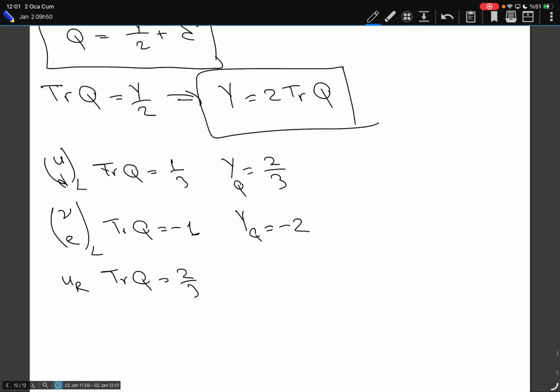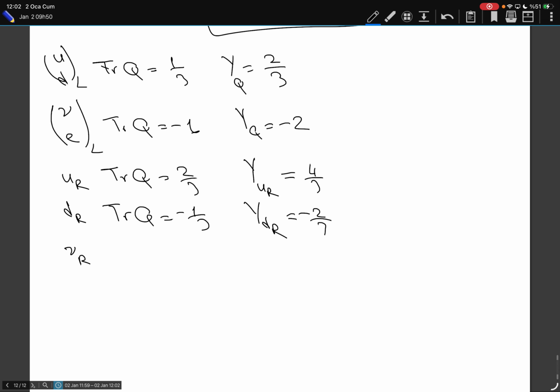There's just a single element. So Y of the up-type quarks is 4/3. Down-type quarks, this is -1/3, so the hypercharge of the down-type quarks is -2/3.